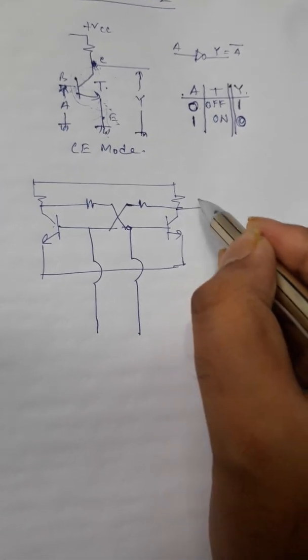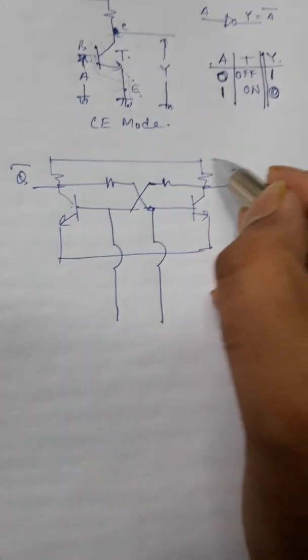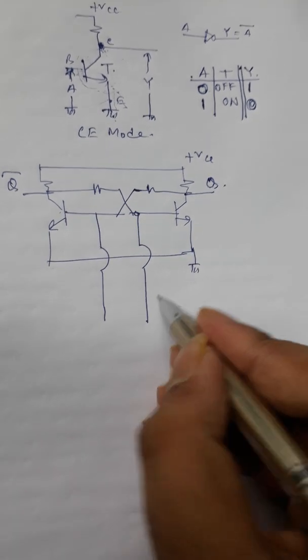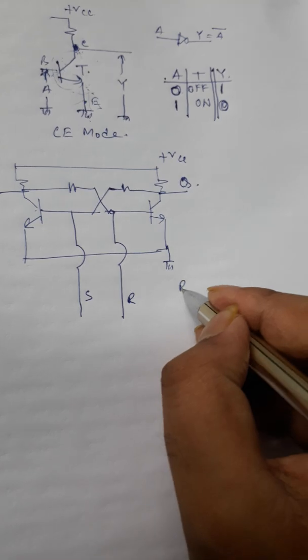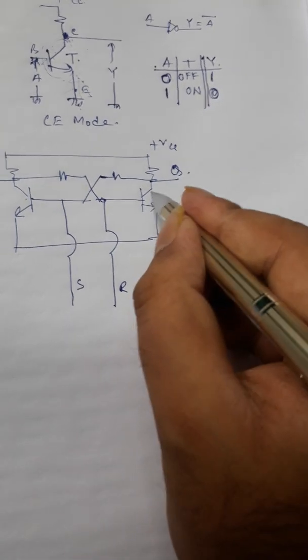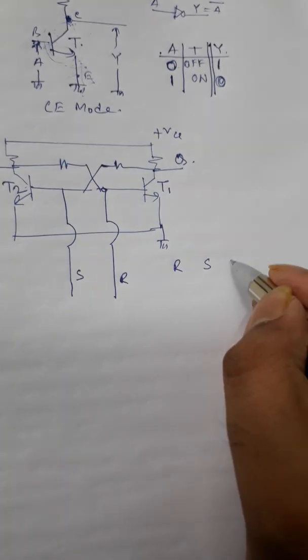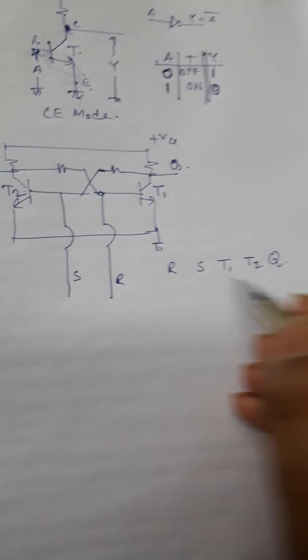These two are the inputs. This is Q and this is Q bar. This is plus VCC and this is ground. Fine. This is R and this is S. So let us make this table with R, S, T1, T2, Q. Suppose this is T1, this is T2.